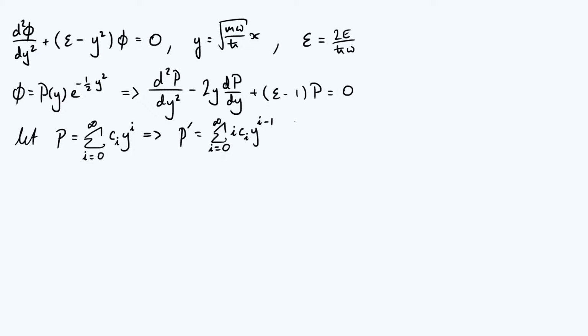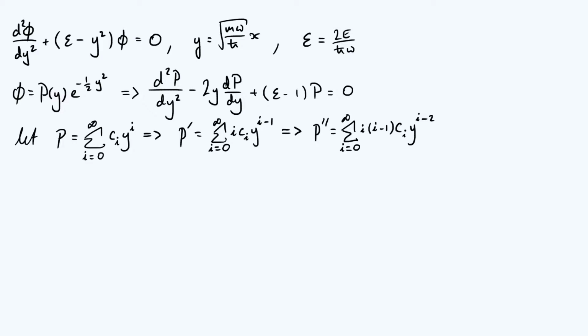Then we're going to differentiate that a second time, so I'm going to say p double dash, the second derivative of p. Again, it is a sum over all values of i, so sum where i goes from 0 up to infinity of i times i minus 1, this time because you differentiate this y to the i minus 1. You've still got your c_i coefficient in there, and you've got to decrease your power of y one more time, so now it is i minus 2.